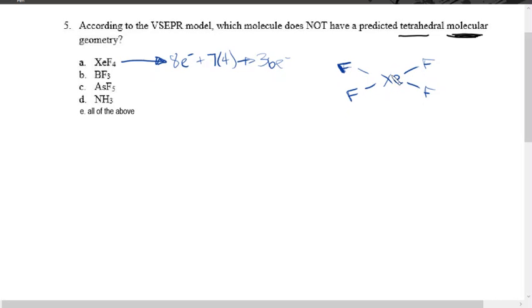If xenon wants 8 things around it, right now it only has 4, so it's going to need 4 more. And if fluorine wants 7 around it, there's 1, so it needs 6, right?